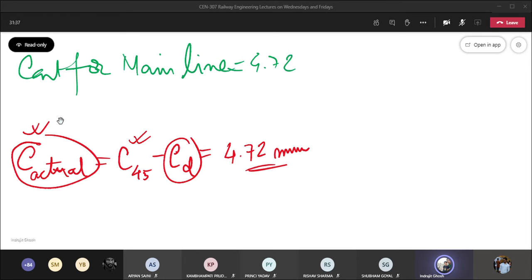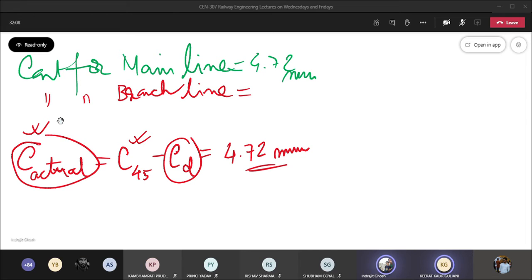So when I say this is the cant for the main line, what is the cant for the branch line? Not a very critical question, very easy question. What should we take as the cant for the branch line? The negative of this? Yes. Correct, absolutely correct. Minus 4.72.